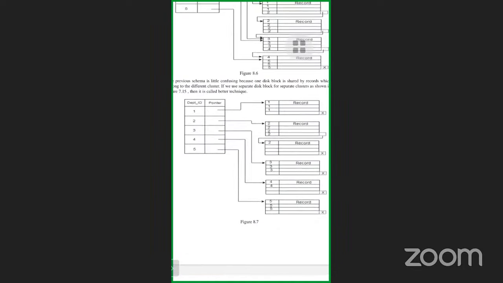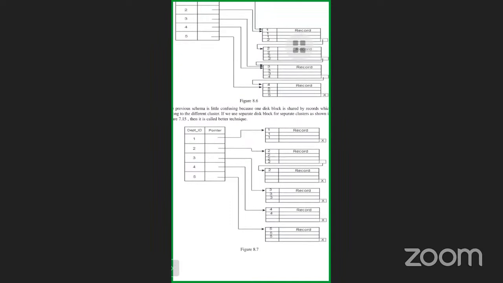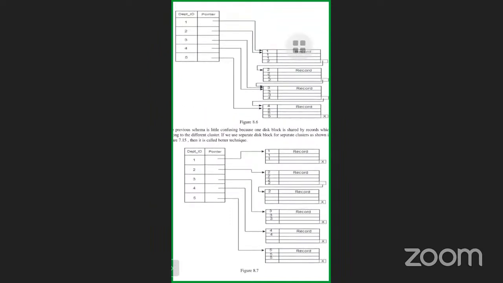In the first bucket the records will be 1, 1, 2. In the second bucket, 2, 2, 2. In the third bucket, 3, 3, 4. And in the fourth one, we have 4, 5, 5, 5.